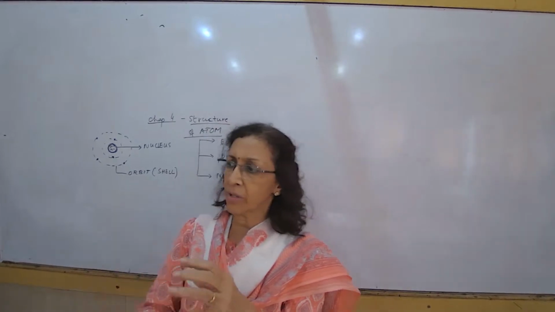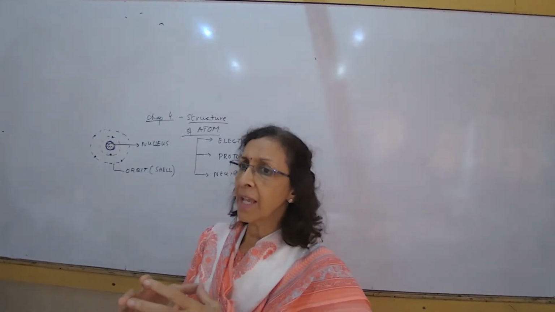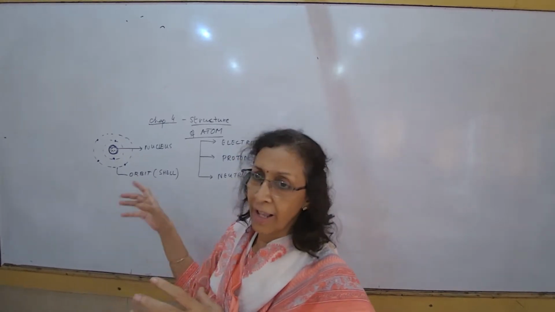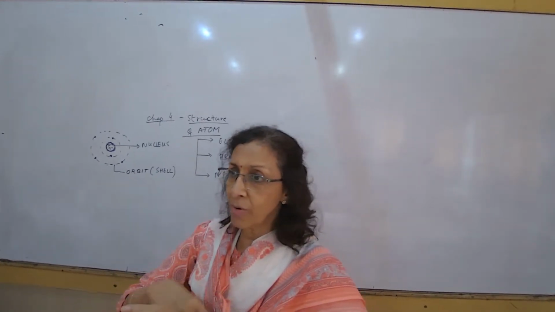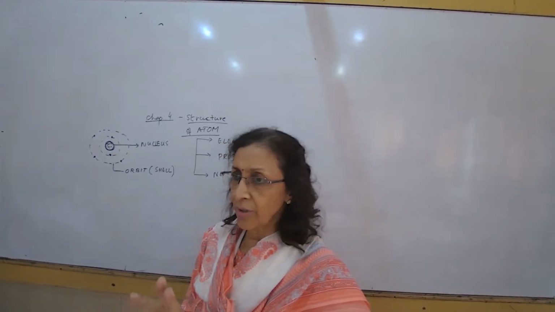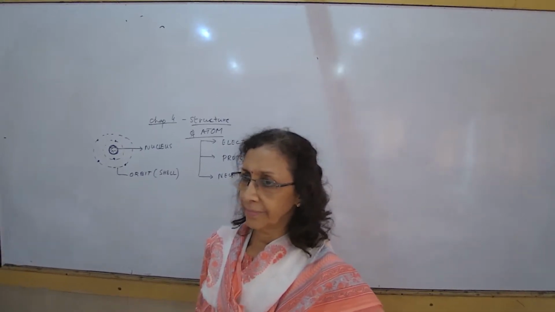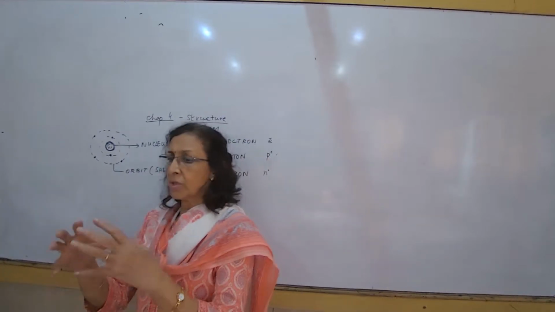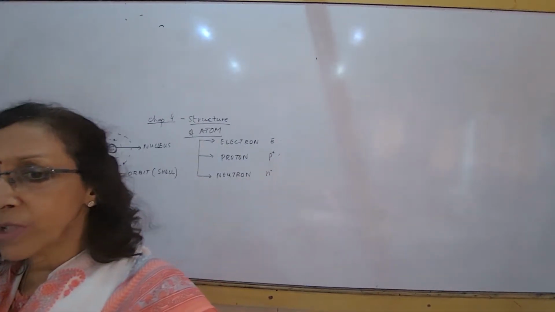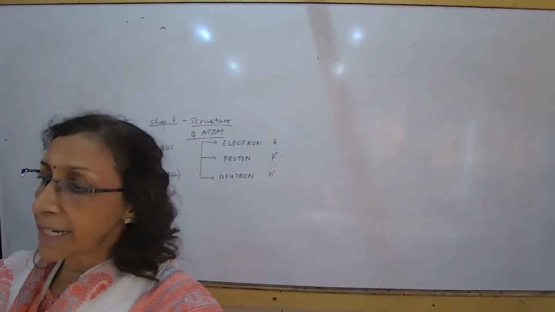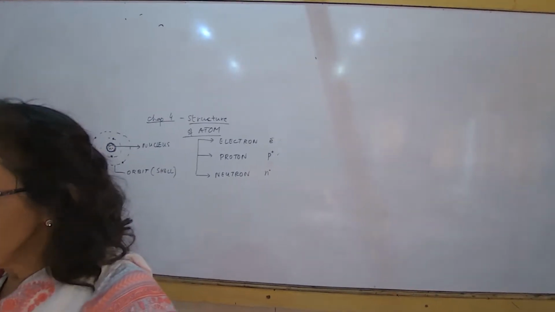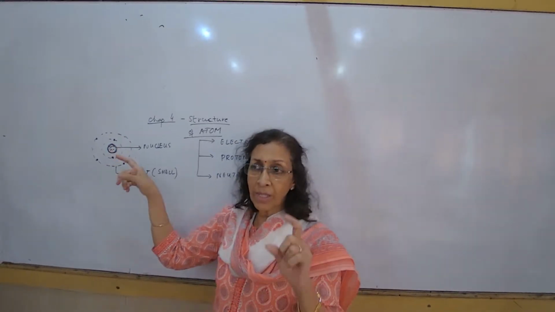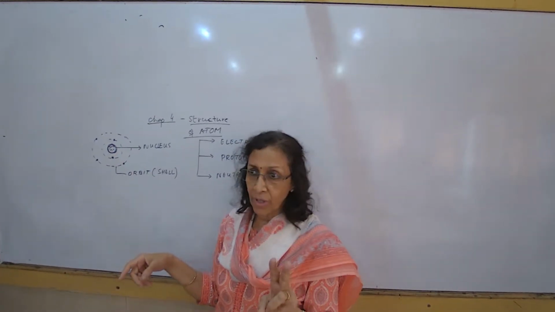What is present in the outside shell? The electrons. Do you understand? So we have the electrons present outside, and inside the nucleus there are two things: protons and neutrons.